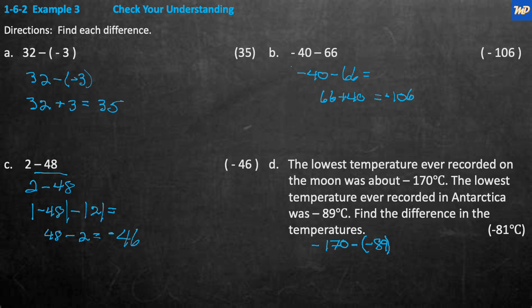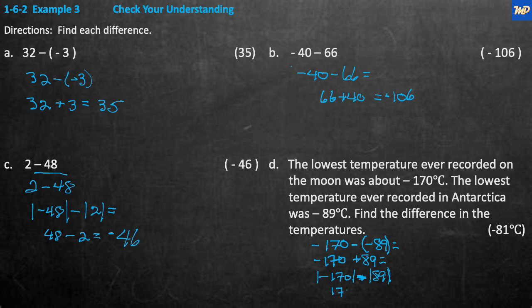So we're going to say minus 170, and these two negatives become a positive, plus 89 equals something. When you have opposite numbers, we take the absolute value: the absolute value of 170 minus the absolute value of 89.